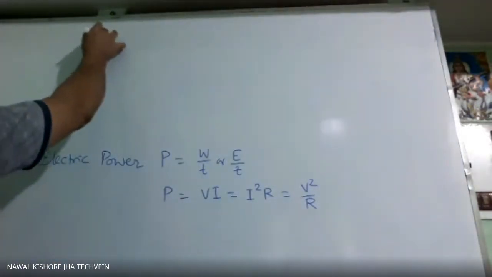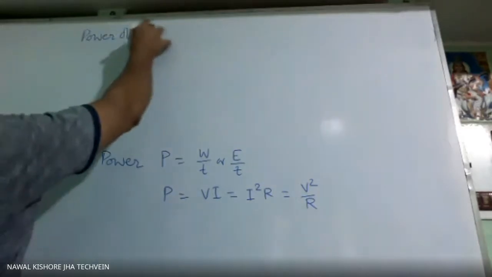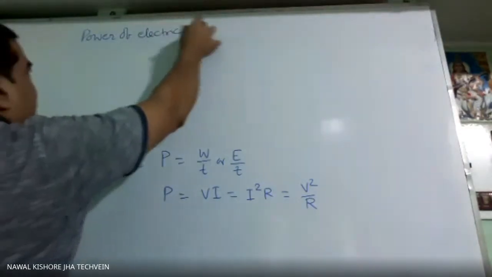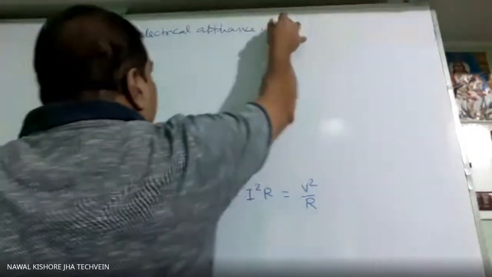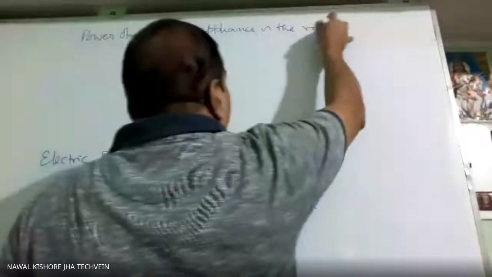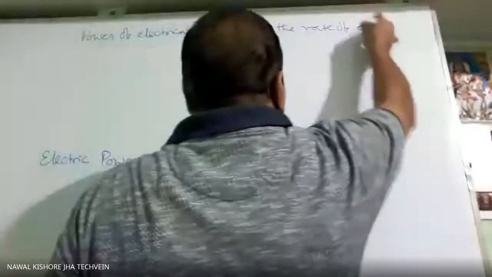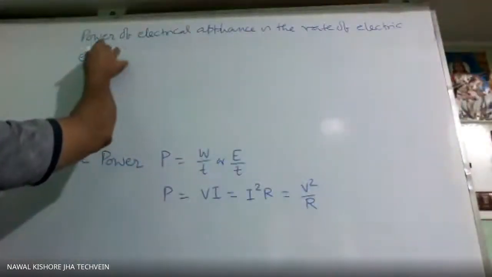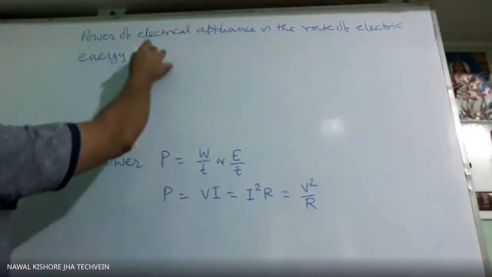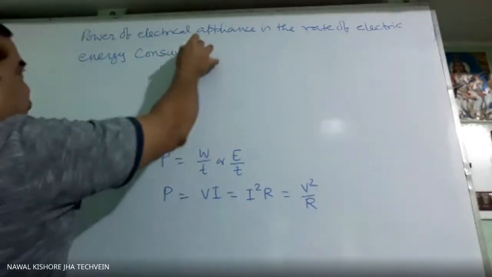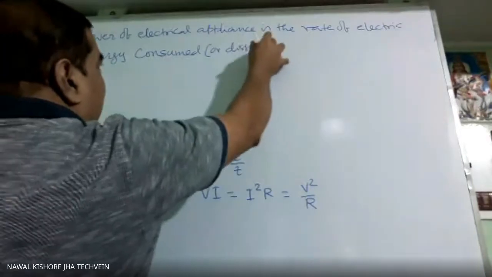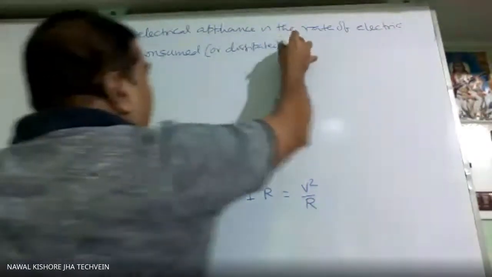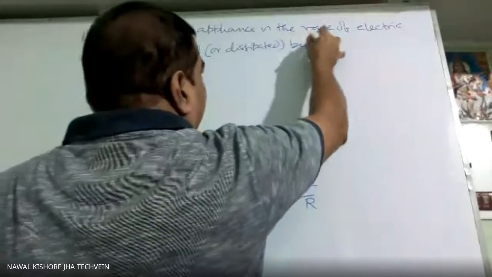So power of electrical appliance is the rate of electric energy consumed or dissipated by it.